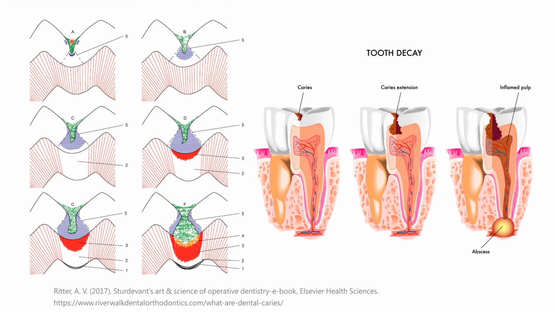And the plaque formation at the tooth surface will produce acid, and it will affect our tooth until someday it will affect our pulp tissue.